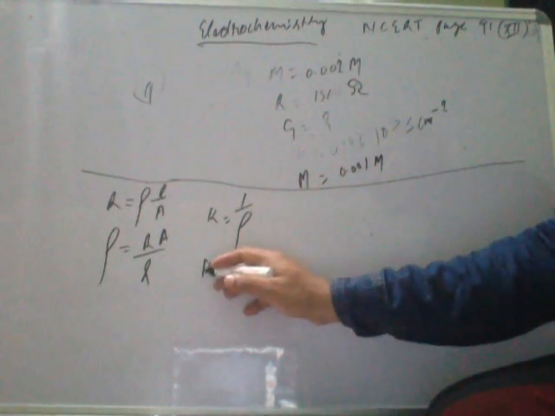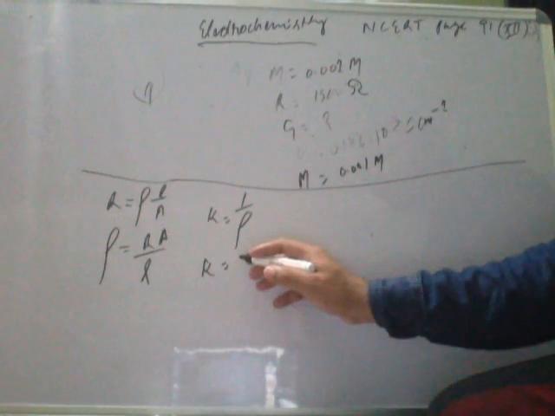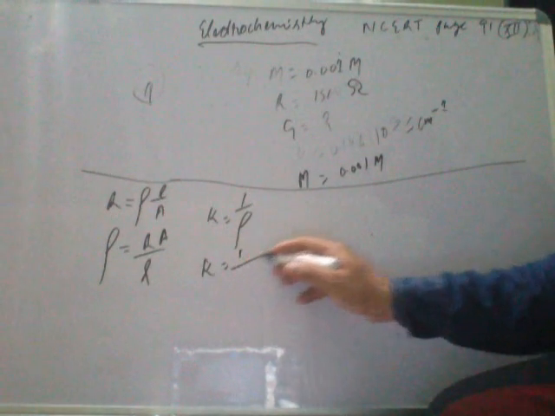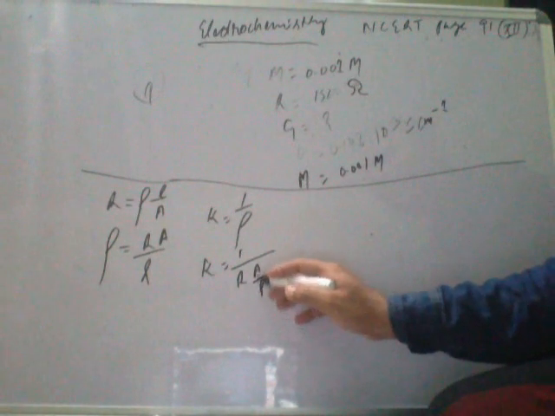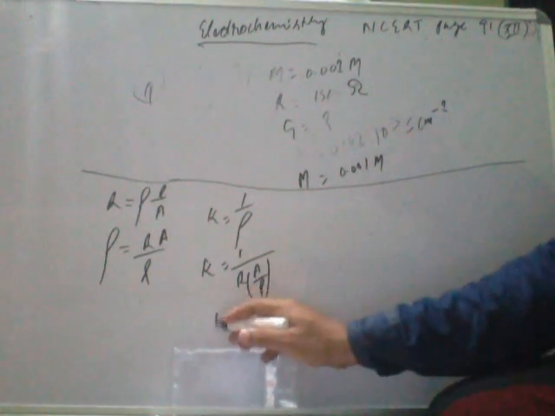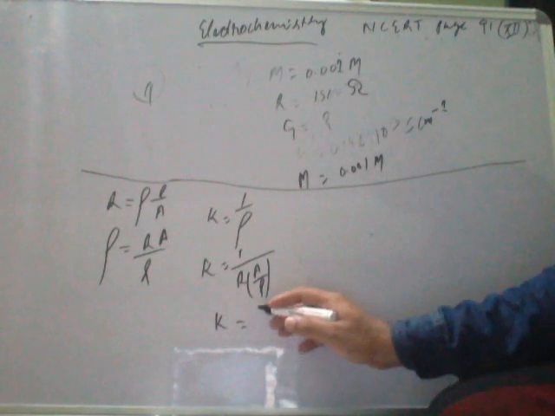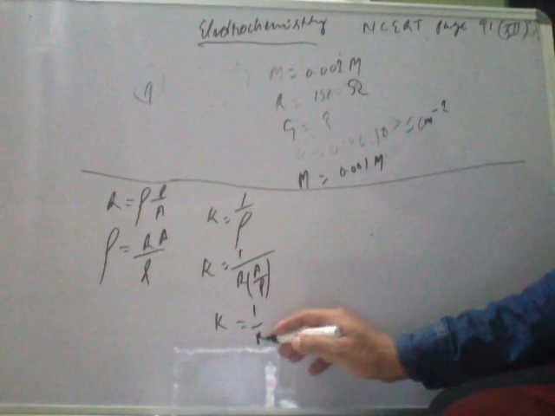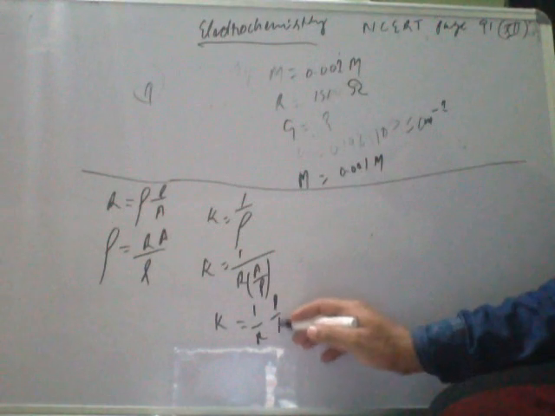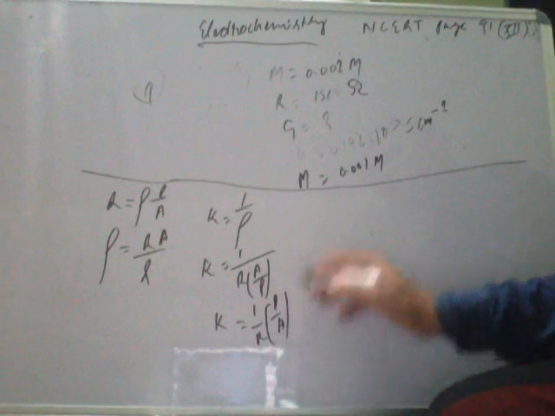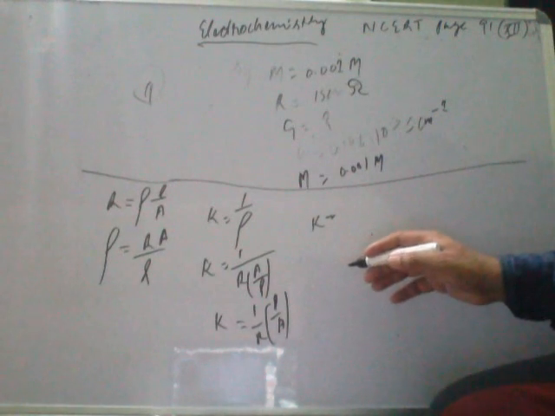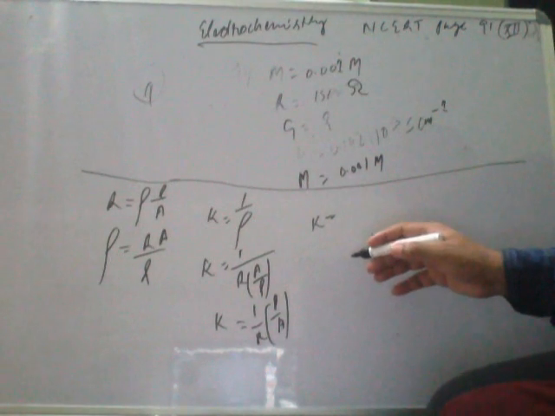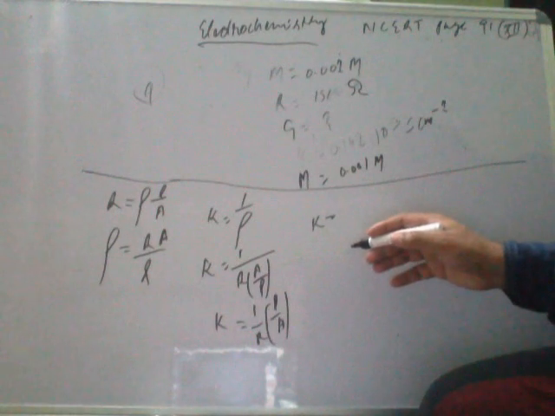Putting the value of rho, K is 1 upon R into L by A. So K is equal to 1 upon R times L by A.